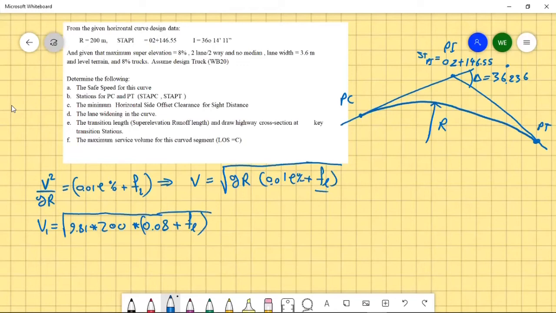So it's plus fL. Let's assume V1 or V naught equals 100 kilometers per hour. If it's 100 kilometers per hour, let's go back to the curve for the side friction.